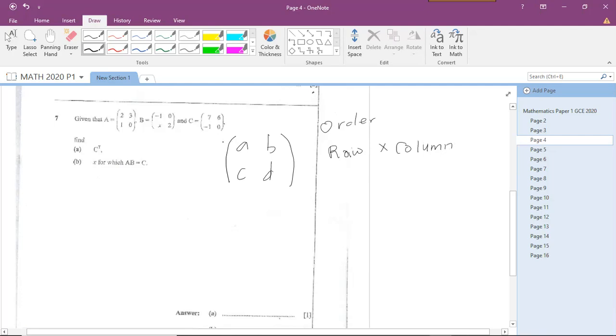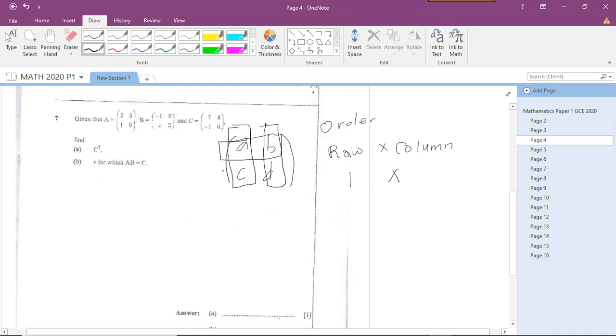So this line here, that's horizontal. This is a row, and this row has got two elements in this matrix. So that's one row multiplied by how many columns? There's one column there, the vertical one, and another column there, another vertical.